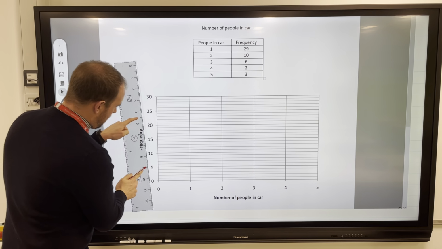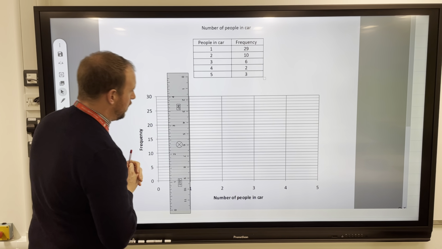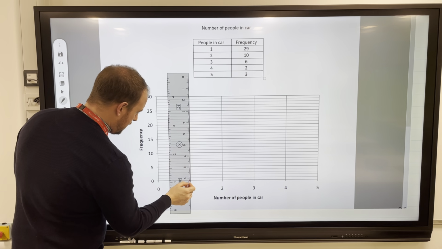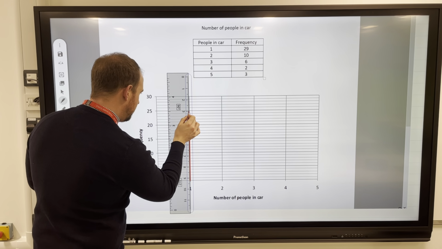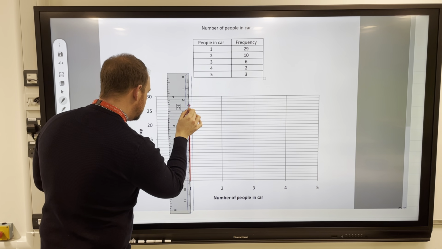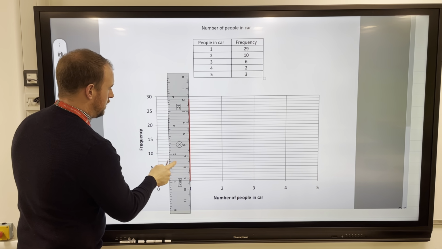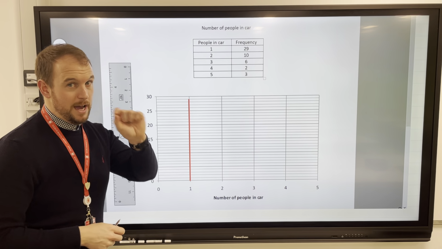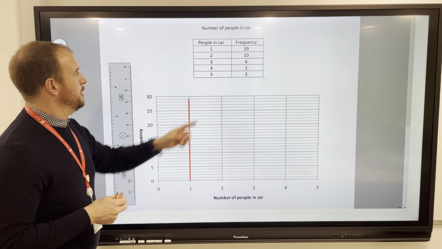With my ruler, perpendicular to the x-axis, being very careful with the way I hold the ruler, nice and clear: 5, 10, 15, 20, 25, 26, 27, 28, 29. Now I have a vertical line up to 29 very accurately. You can see I took my time to make sure it is extremely accurate.